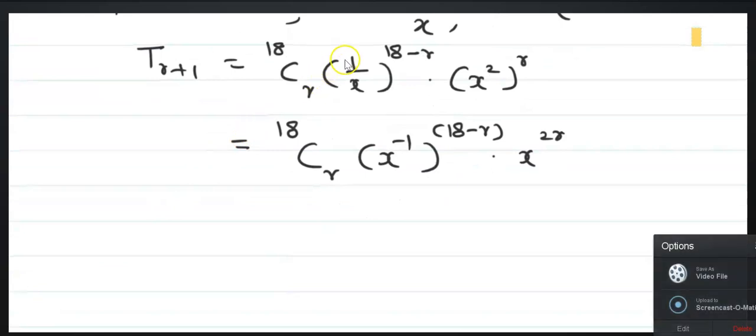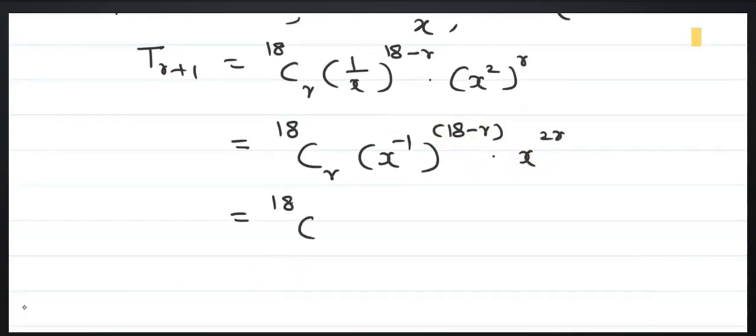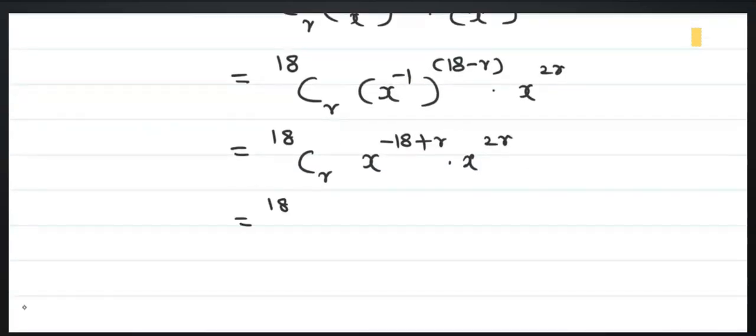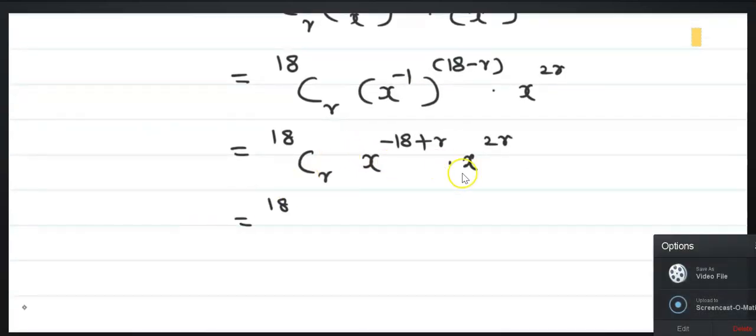Now see this, 1 upon x, when it comes to the numerator, its power becomes minus. That is (x raised to minus 1) bracket raised to 18 minus r into x raised to 2r. Therefore, 18Cr x raised to minus 18 plus r into x raised to 2r.